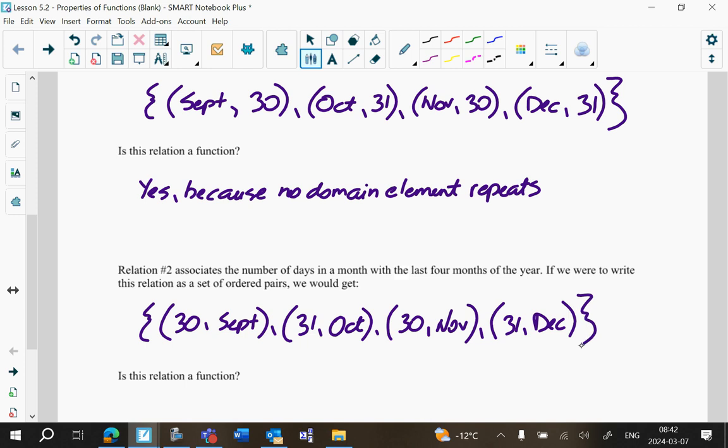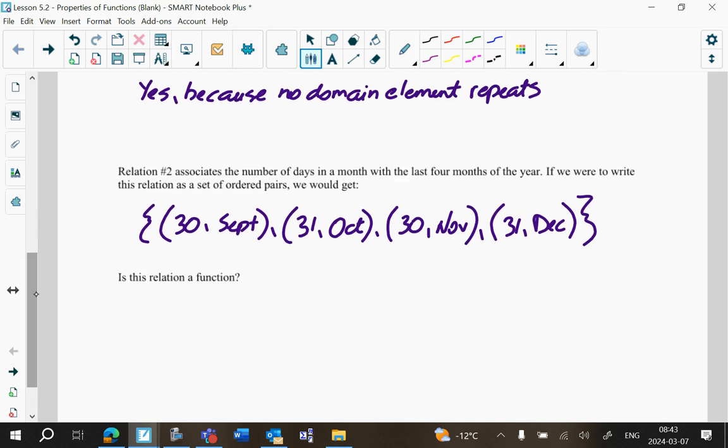Is this one a function? No. Because domain elements, or in this case numbers, repeat.